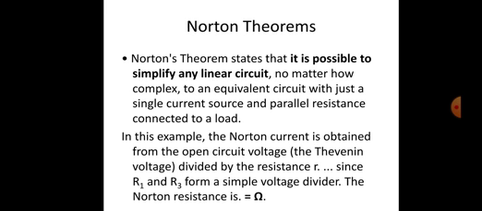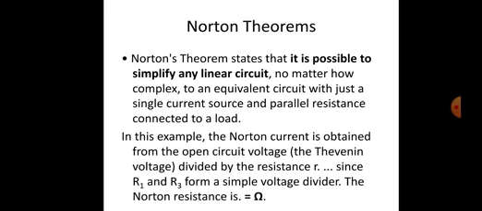In this example, the Norton current is obtained from the open circuit voltage, the Thevenin voltage, divided by the resistance R. Since R1 and R2 form a simple voltage divider, the Norton resistance is equal to the Thevenin resistance in ohms.